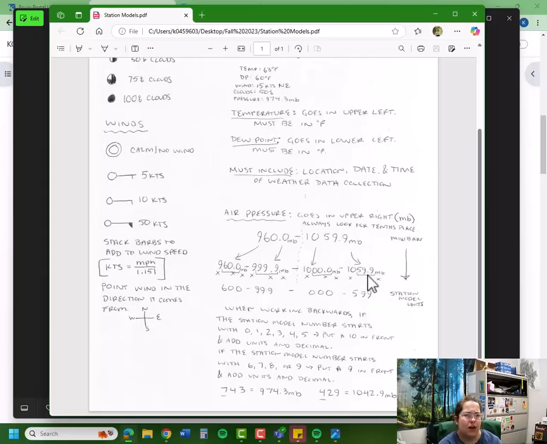Likewise, on the other side of 999, we're ranging from 1000.0 millibars all the way up to 1059.9 millibars. Everything in that range starts with 10. It has a decimal point in it, and it has units of millibars.